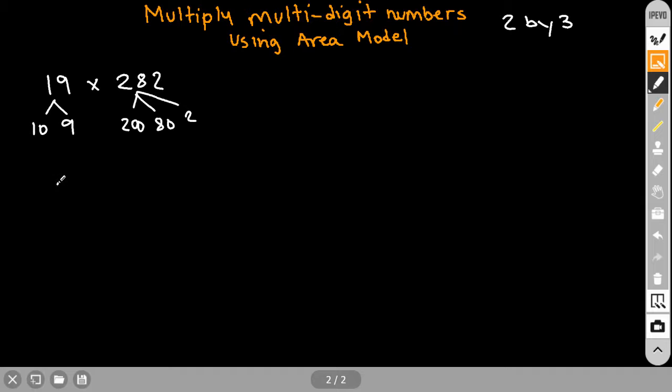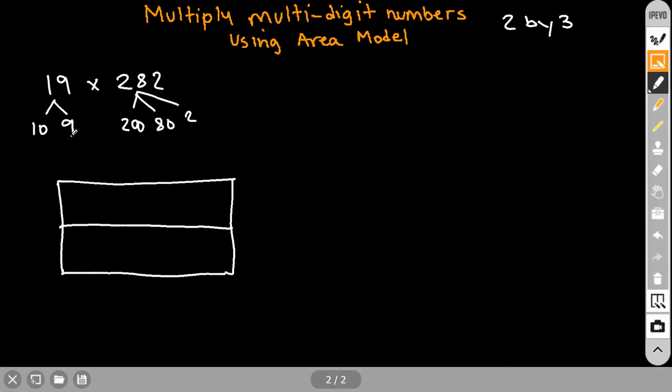So now we can go ahead and put the box. I like to always remember when you do multiplication, it doesn't matter the order of the factors. So I can do 19 times 282, but I can also do 282 times 19. But when I go to the box, I do like to put the one with 2 digits on this side, okay?